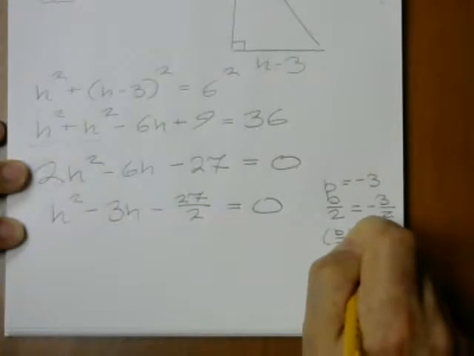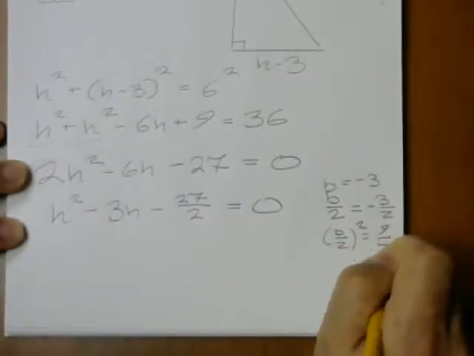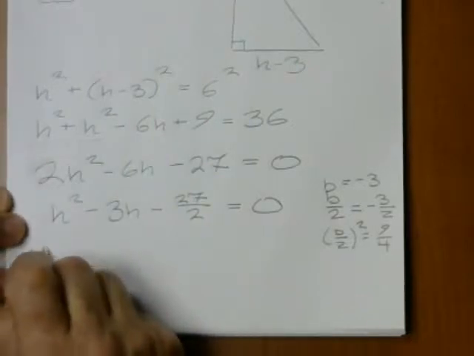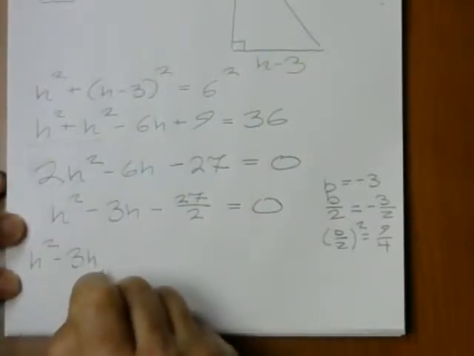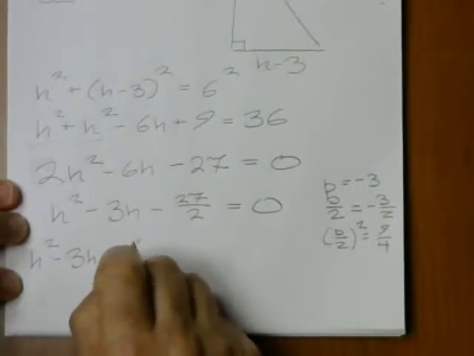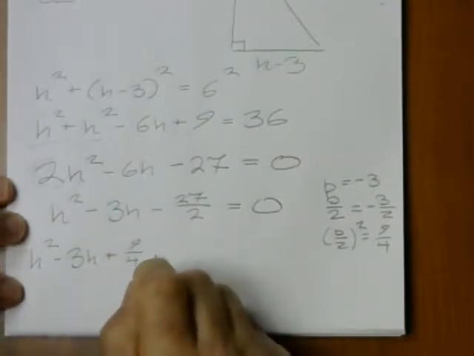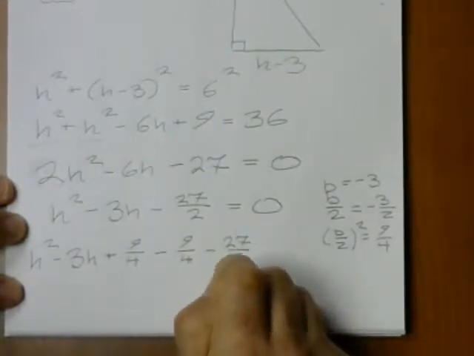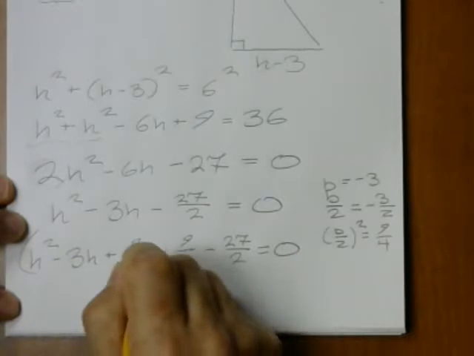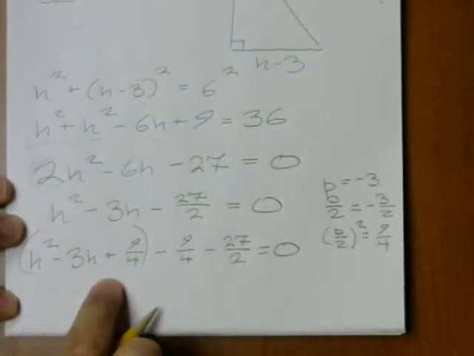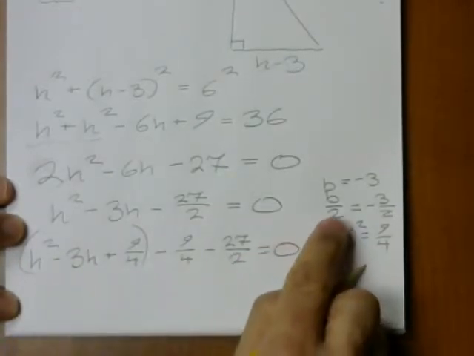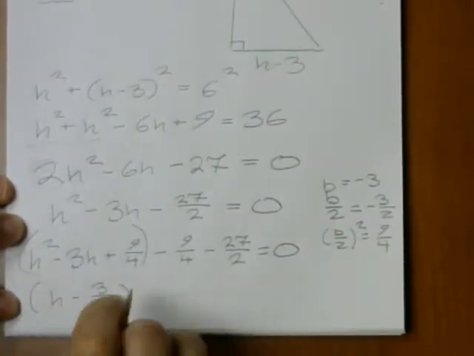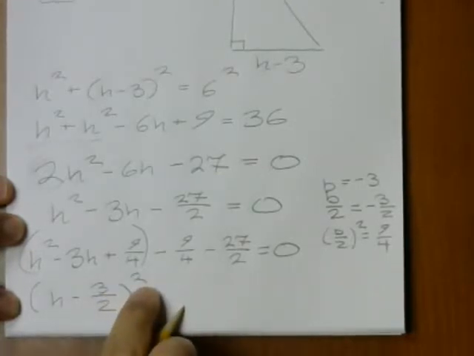And my b over 2 squared, which is the thing I'm adding and subtracting, is 9/4. So I get h squared minus 3h plus 9/4. I have to subtract because I don't want to change the question. And if I group this together, what do I get? I'm going to get h plus b over 2, or h minus 3 halves in quantity squared.